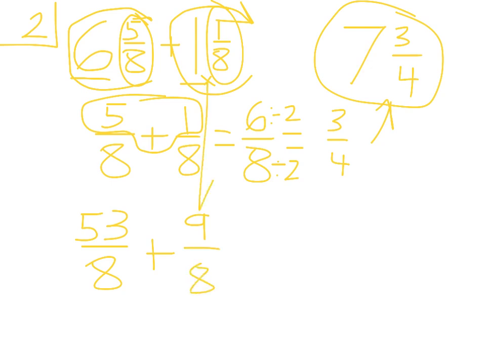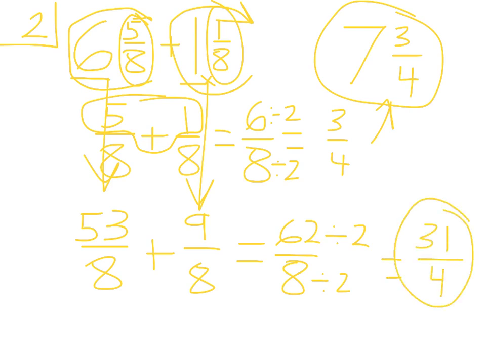So all I did was take those mixed numbers and make them improper fractions. Bottom numbers are the same. 53 plus 9 is 62. And then what we end up doing is simplifying this. All right, so we end up getting 31 over 4.